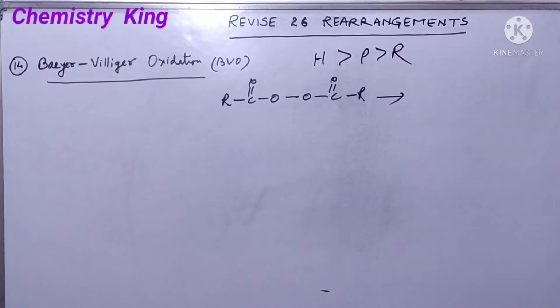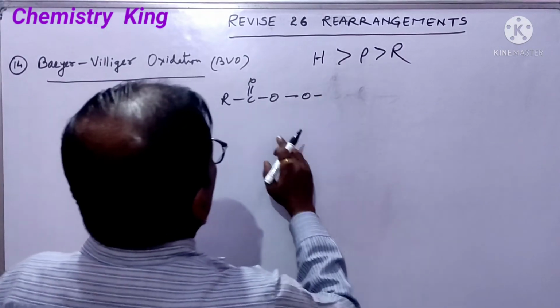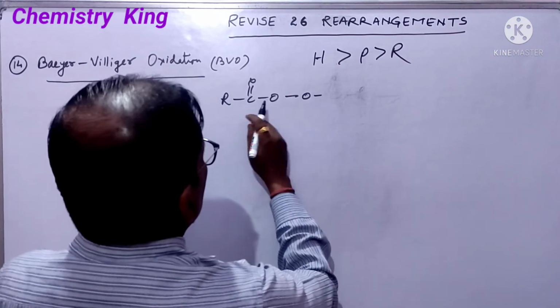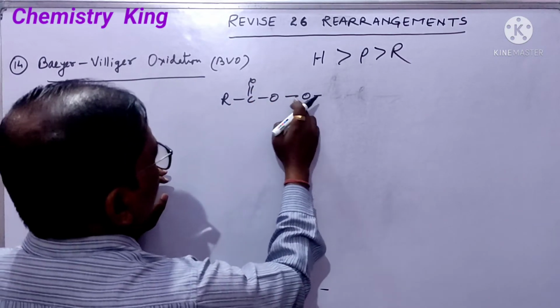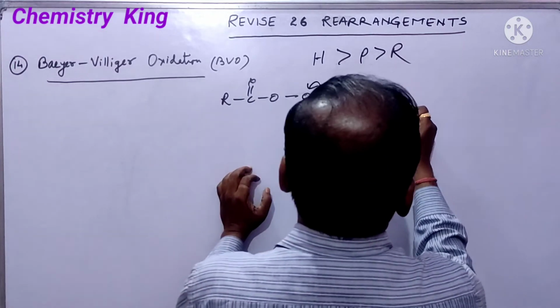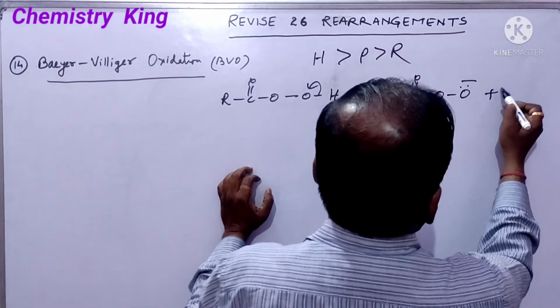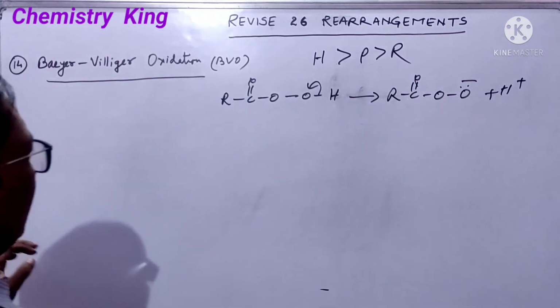So, friends, sorry, we have to take peracid R1, 2, 3, three oxygens. It is peracid, and it will give this proton minus and H plus. Okay.